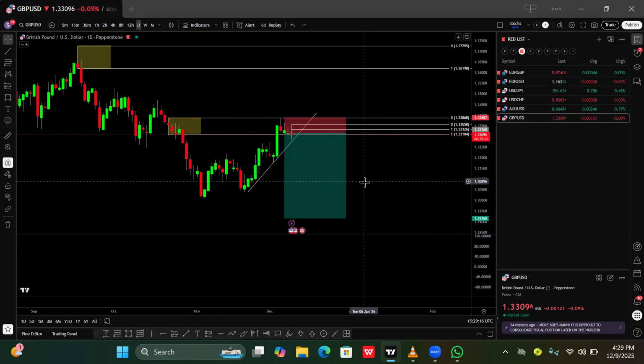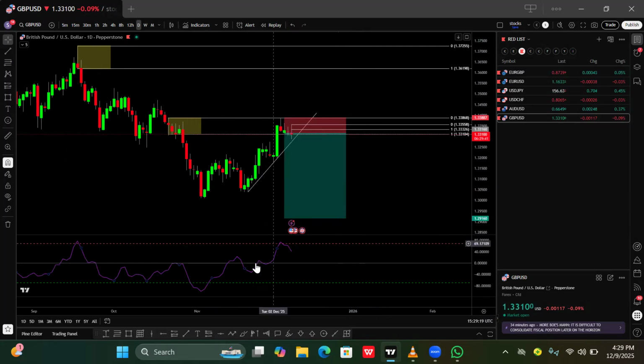All right. So, pound was actually overvalued against dollar while we were within this supply area here.